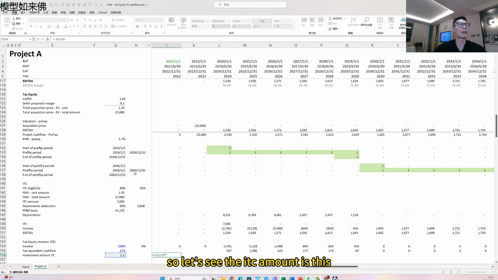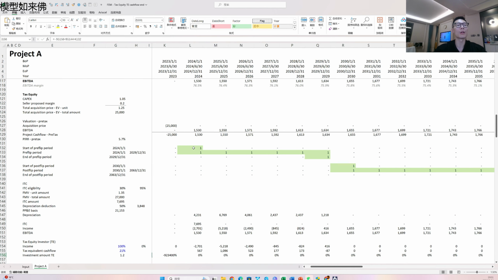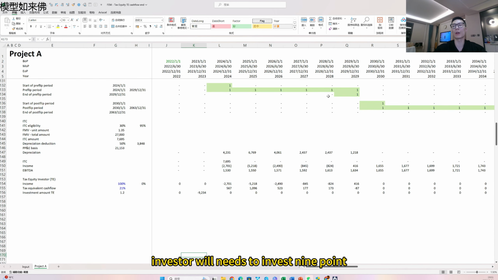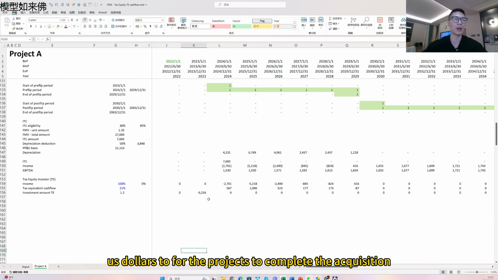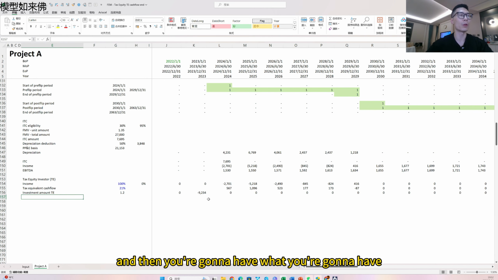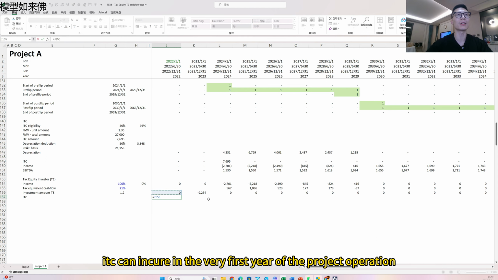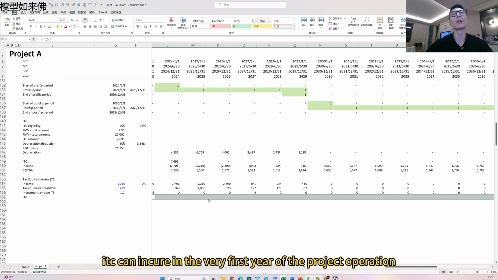So let's see, the ITC amount is this, and we'll need to put that here. So in the very beginning, the tax equity investor needs to invest 9.2 million US dollars for the project to complete the acquisition, okay? And then you're going to have ITC, okay? ITC is going to be incurred in the very first year of the project operation.